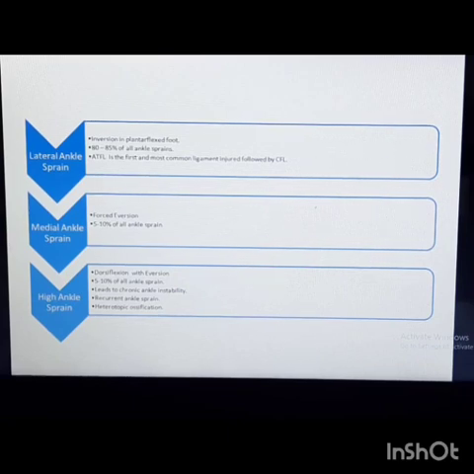These are the drawbacks if the injury is not treated appropriately, so you need to take good care when doing rehabilitation, considering all these events can occur in future.